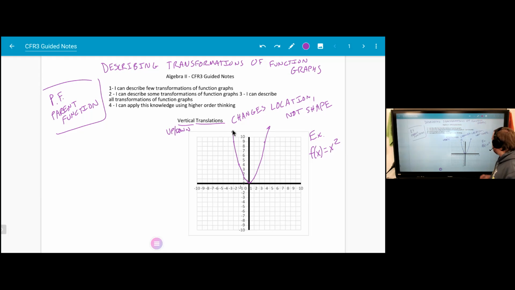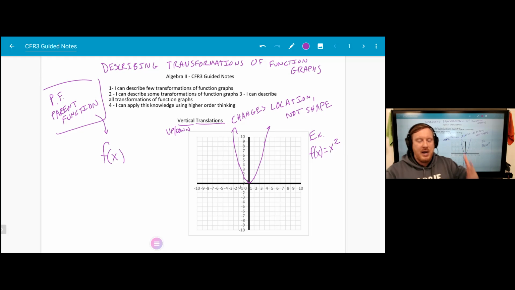Close enough. This purple right here is going to represent our base, our parent function of f of x equals x squared. Now, this is my general, again, this is my parent or base function.